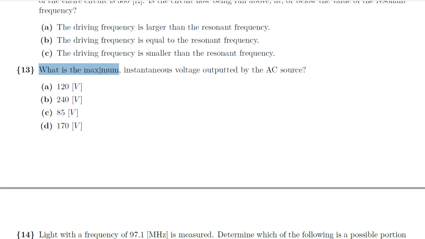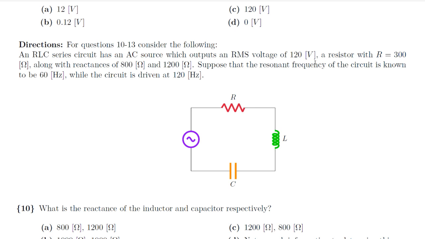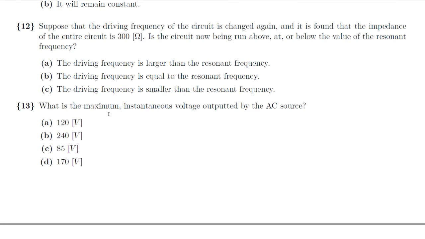What is the maximum instantaneous voltage outputted by the AC source? So I gave you a voltage. That voltage was an RMS voltage of 120 volts. I want to know what the maximum is.